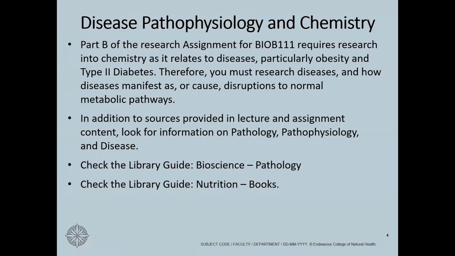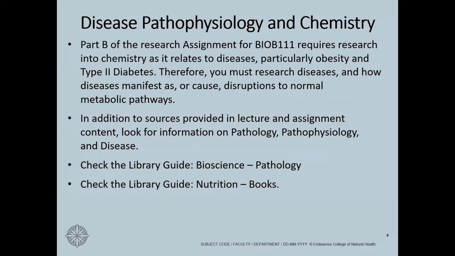The second part of your assignment, part B, requires you to review one of 3 case studies and then research that particular case and the diseases featured in those cases and discuss how chemistry relates to those diseases.